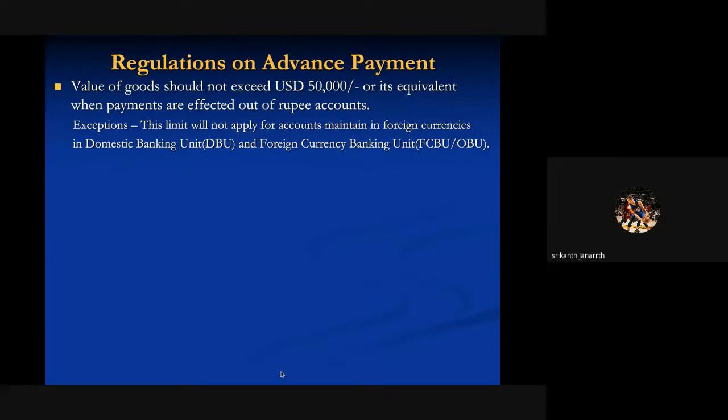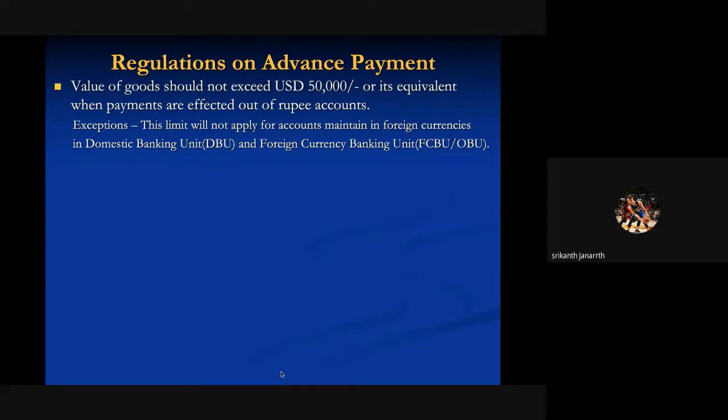Our regulator says, when you're sending 70,000, you should get an advance payment guarantee from the seller, so that in the event he doesn't ship the goods, there's no loss to the country, because you are sending $70,000 of our money out before the goods come. What happens if the seller doesn't send the goods? There's a risk to the country. We lose the 70,000. So if the goods don't come, there should be a way to claim back the money the importer sent to the exporter.